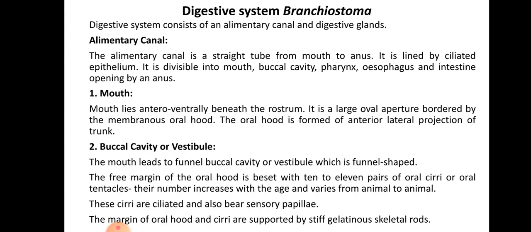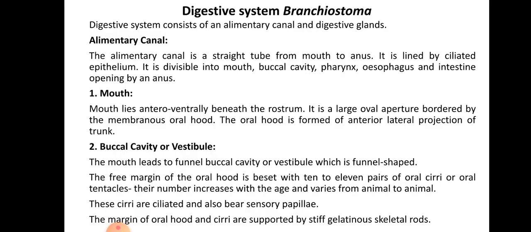You can relate these to tentacles. They are slender, they are stiff and they are ciliated, so you have to remember these three keywords. They are 10 to 11 pairs, stiff, slender and ciliated, and they also bear sensory papillae.